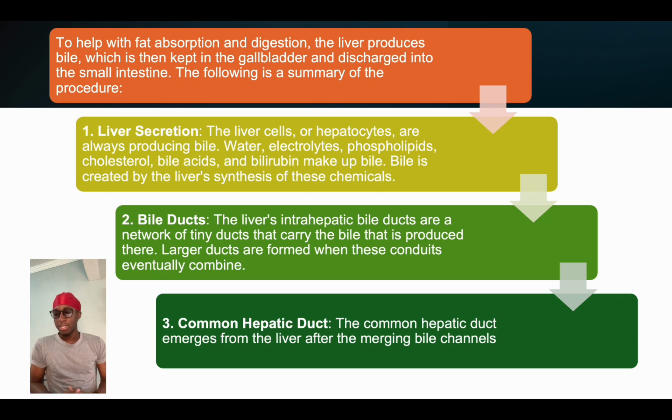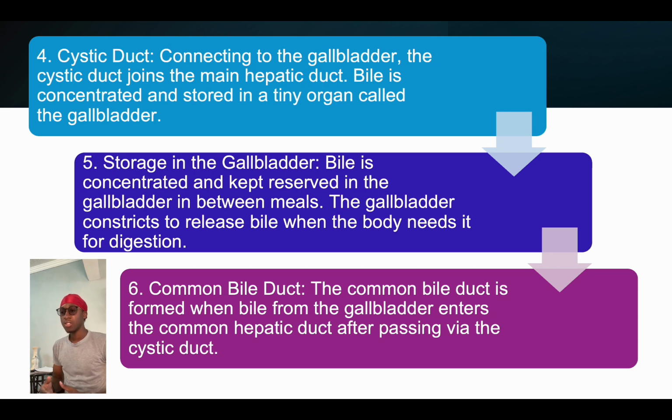The common hepatic duct emerges from the liver after merging bile channels. Step 4. Cystic duct. Connecting to the gallbladder, the cystic duct joins the main hepatic duct. Bile is concentrated and stored in a tiny organ called the gallbladder.